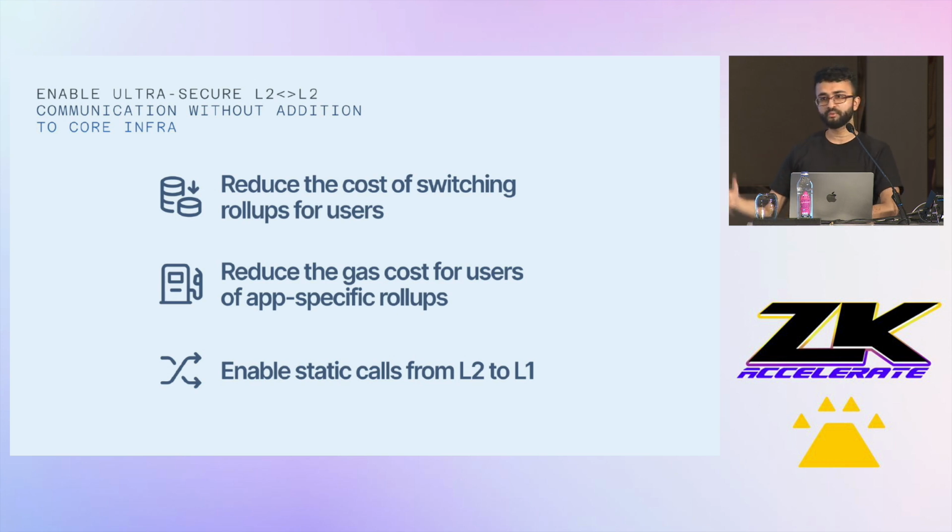Whenever a rollup wants to interact with another network, it would have to have a pre-compile for the state of that chain inside the core infrastructure of your L2, which makes it inflexible and increases your cost as well.